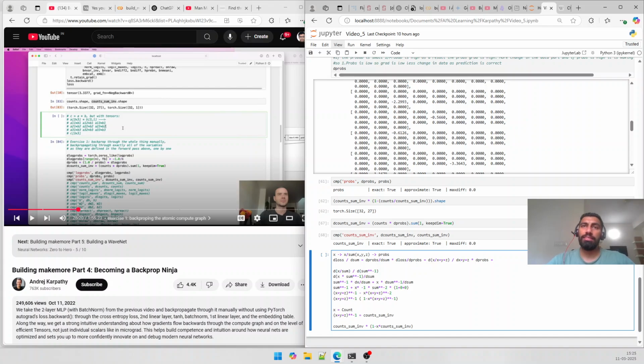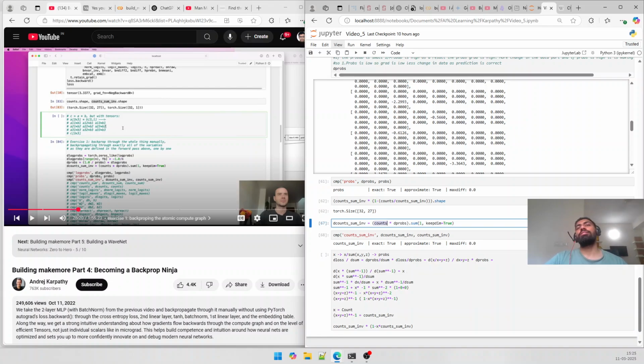This also can be written as x u, and this is by u. So obviously dxu by du will be x, so you will just see x coming out of it.